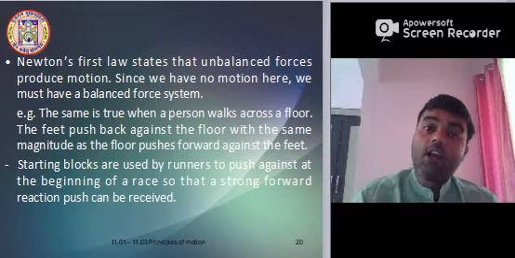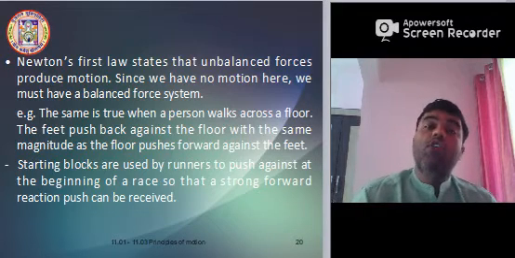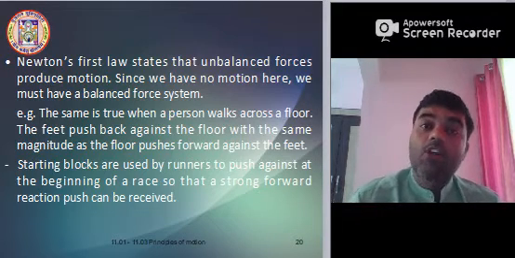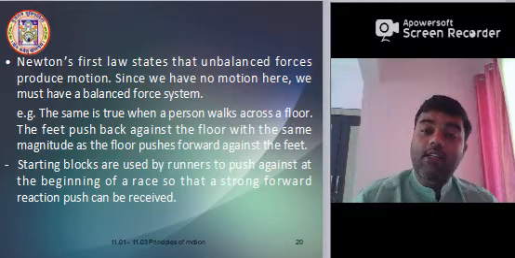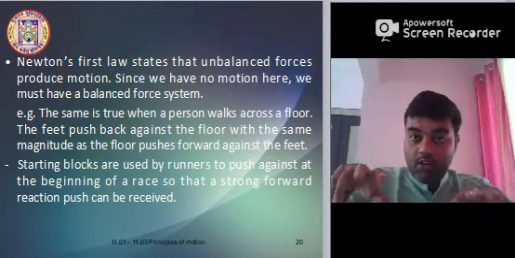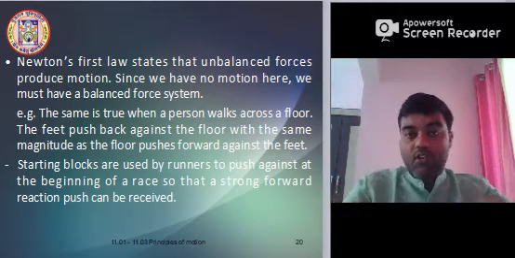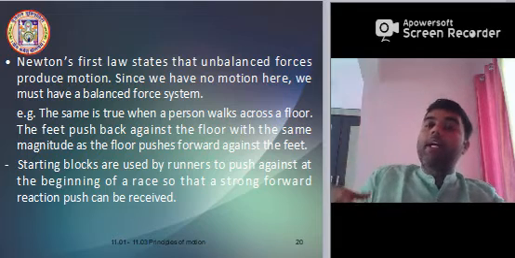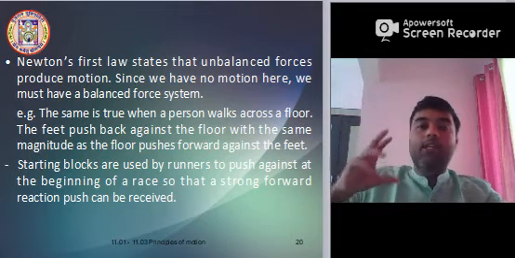When you see the runners, you can easily understand that the block is there, the position of the runner is fixed, and at the backward side of the feet one block is there.